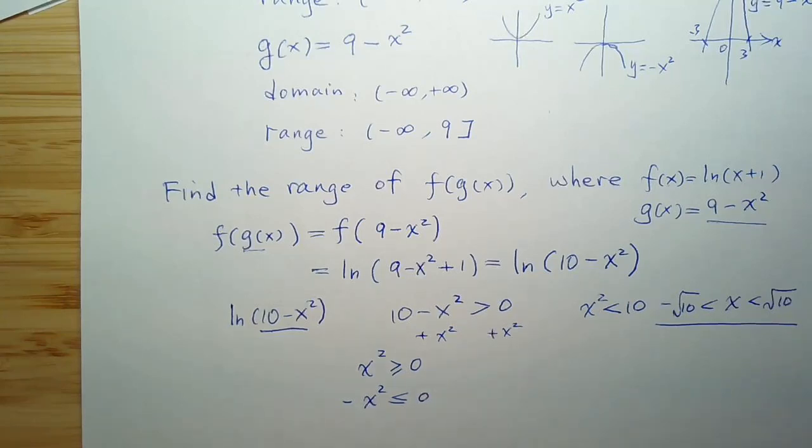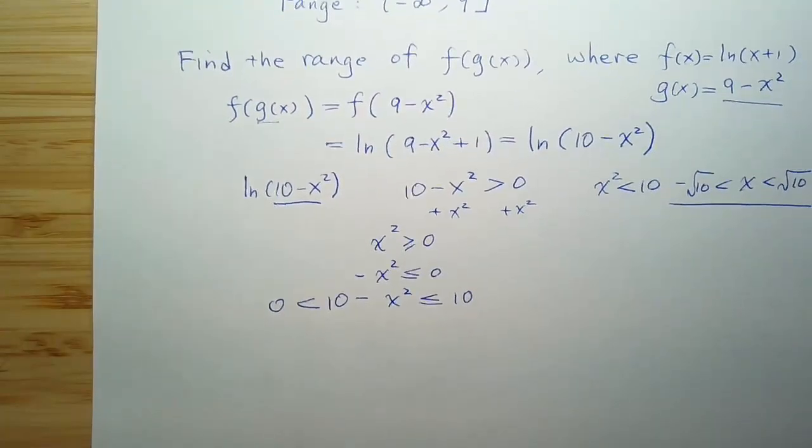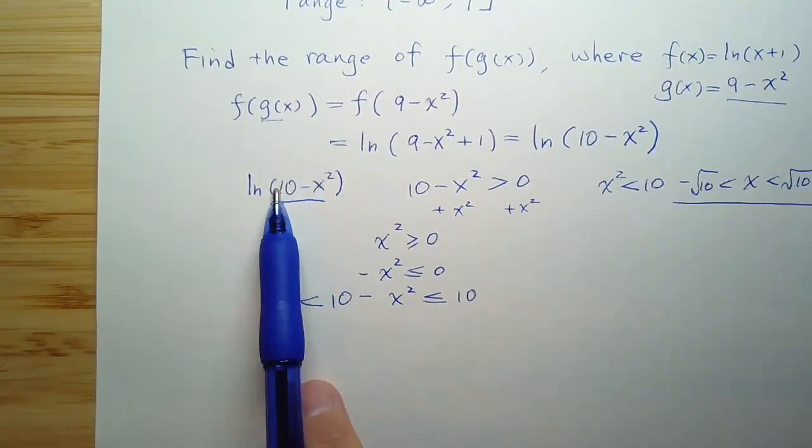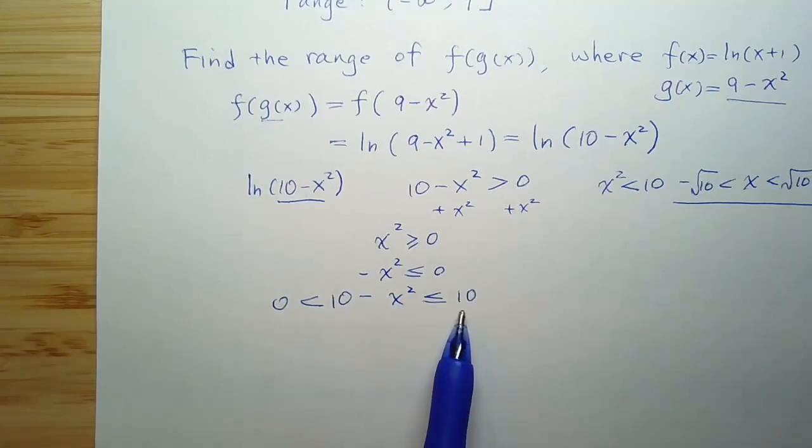Would you agree? You multiply by a negative number and then add 10, so 10 minus x squared will be less than or equal to 10, and at the same time it's greater than 0. So we have ln of this part, which we know is somewhere between 0 and 10.